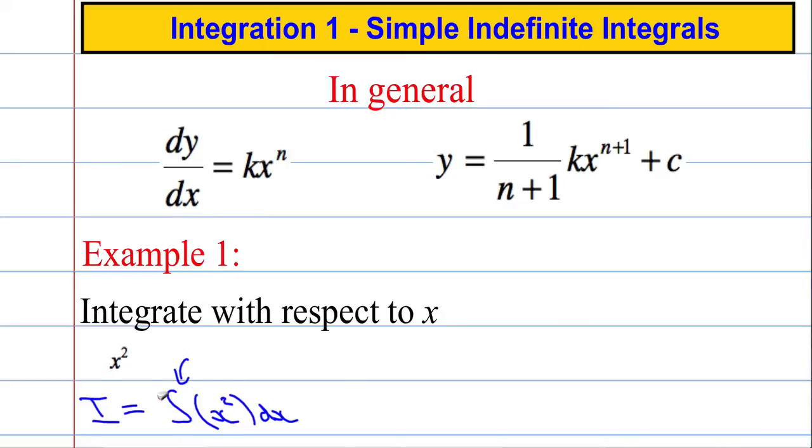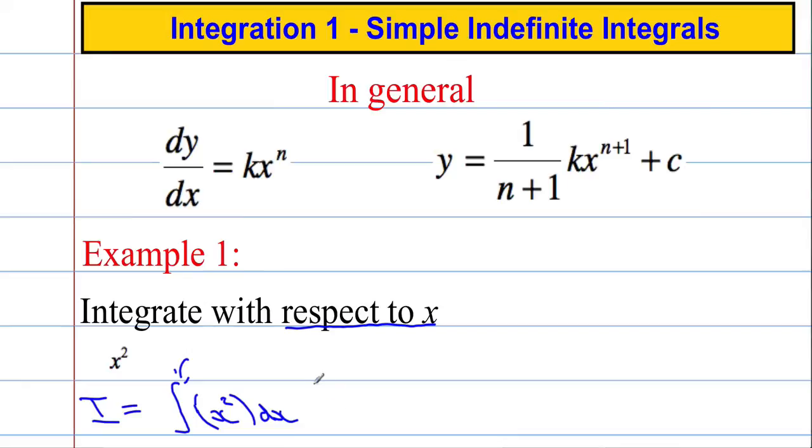My writing probably doesn't do it justice, it's like this. It's an elongated s, that means integrate. And then we have this dx at the end of the expression to highlight that we're integrating with respect to x. So I is going to be my integral of x squared with respect to x.